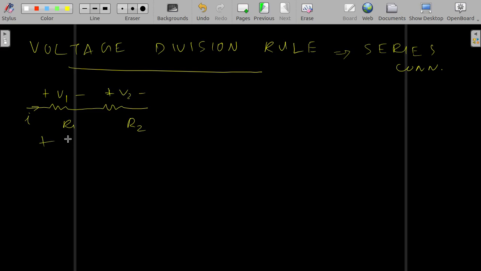Just like the currents add up, the voltages will add up too.